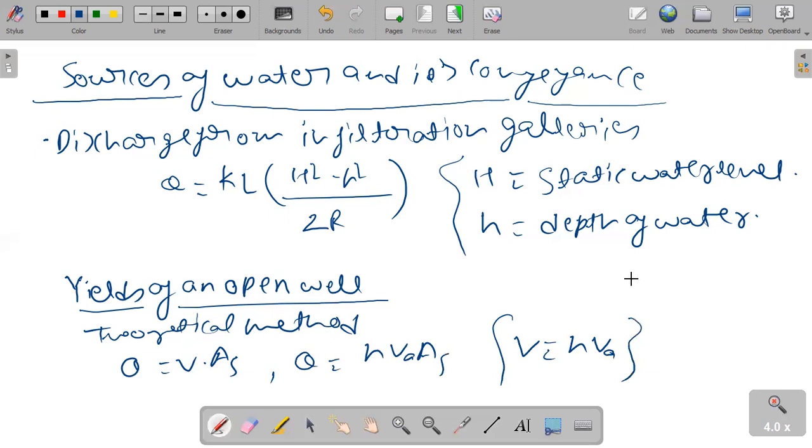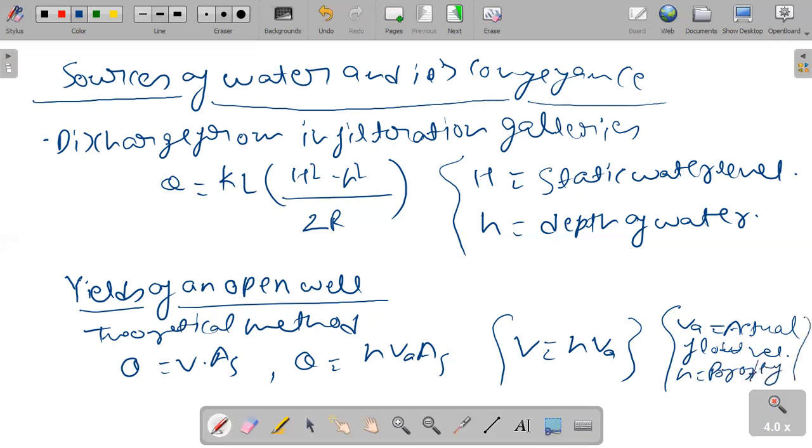Where VA is the actual flow velocity, and N is porosity.